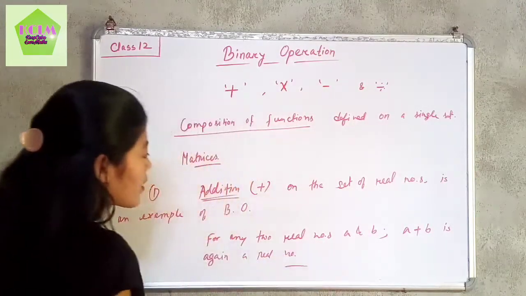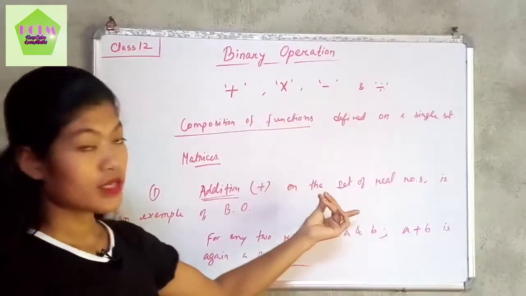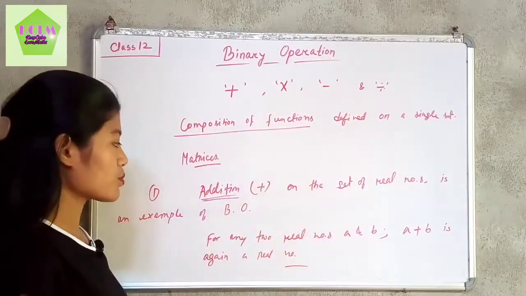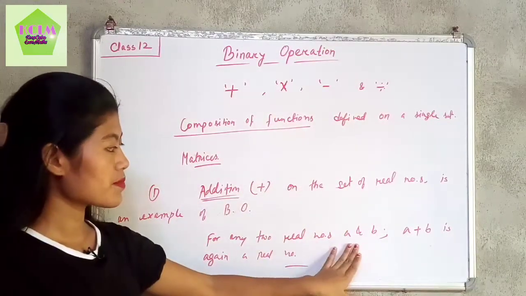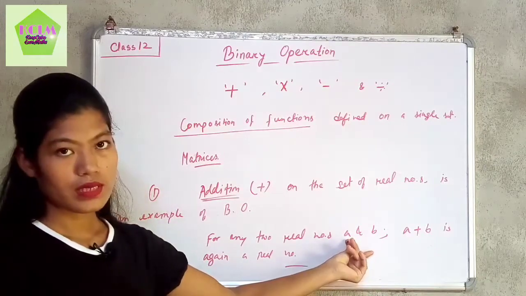So addition on the set of real numbers is a binary operation because for any two real numbers, the sum of these two is again a real number.